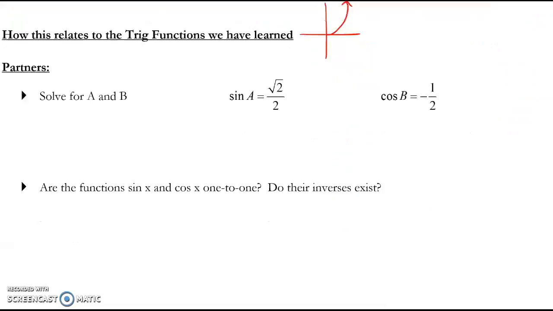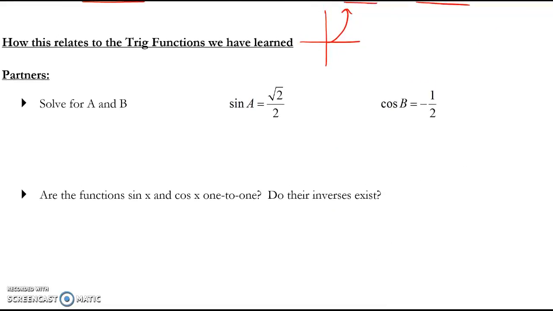Okay, so how is this going to relate to trig? Well, if we were to try and solve these equations that we see here and find the angles that have a sine ratio of root 2 over 2 or a cosine ratio of -1/2, we would have a lot of answers. For example, angle A: this ratio would be true when angle A is pi fourths or 3 pi fourths. Now we can go around the circle and get 9 pi fourths, 11 pi fourths.